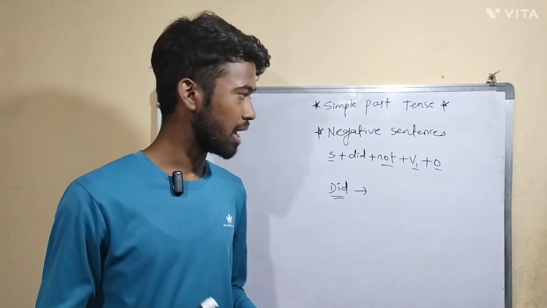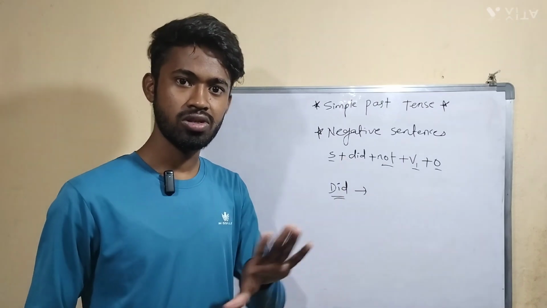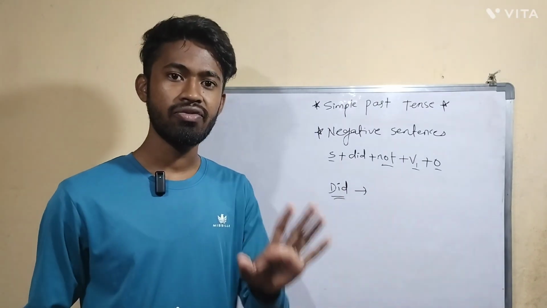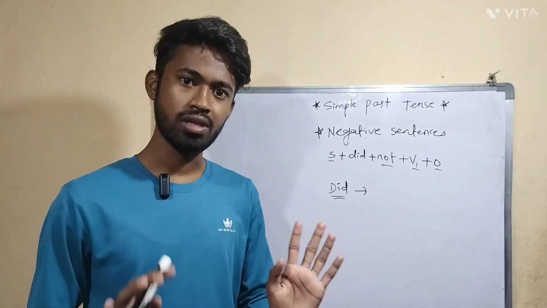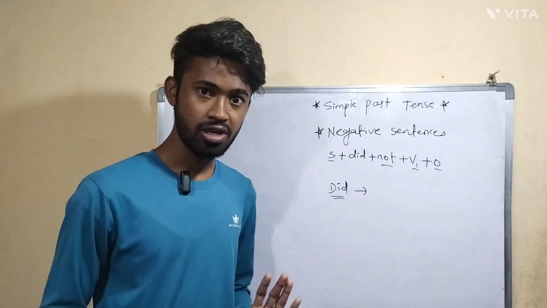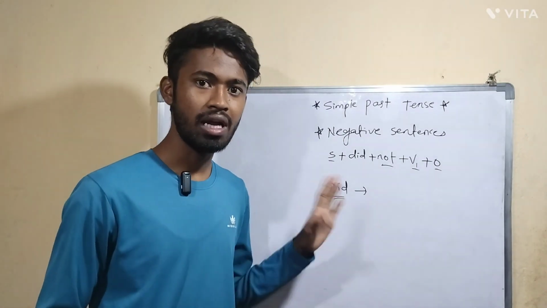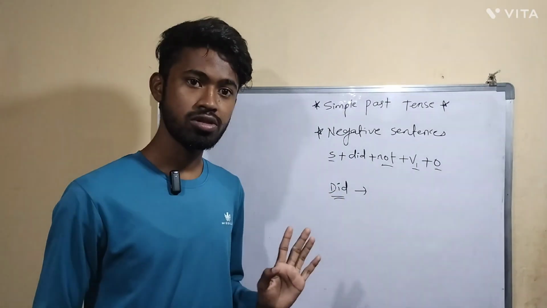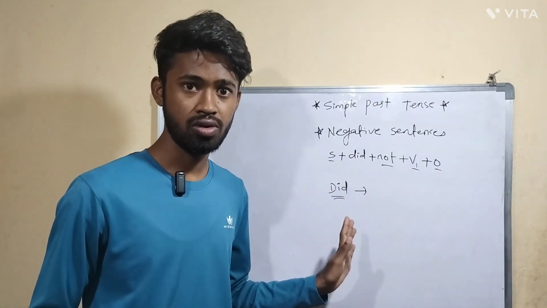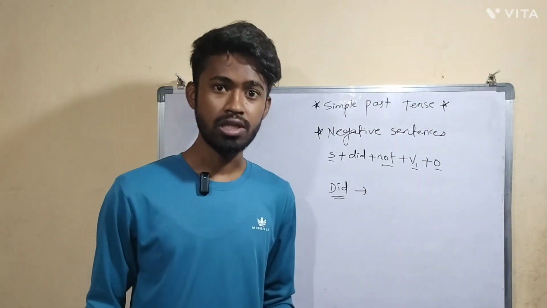If you practice 10 to 20 sentences using positive, negative, and interrogative structures, you will get it. Hardly 1 hour is more than enough. Did is a helping verb, and irrespective of singular or plural, we use did for all subjects.